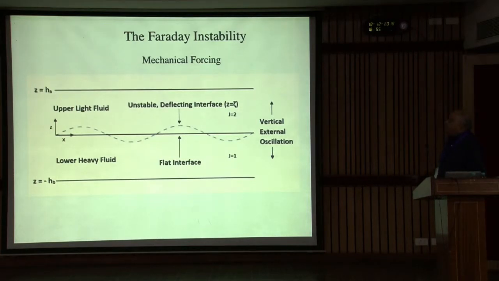Rather, look at the stably stratified system, static, and then give a perturbation to the interface. And when you give a perturbation to the interface, there are going to be deflections with crests and troughs, and you'll get flow. You'll get high pressure under the crest, causing flow to go from the crest to the trough. And so the crest will become a trough, and the trough will become a crest.